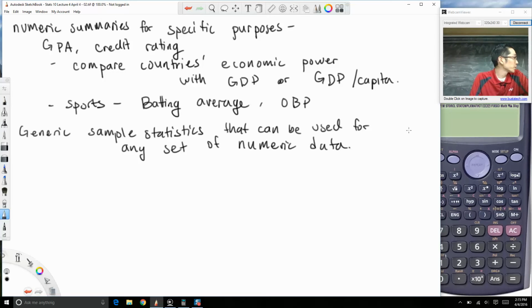Okay, and these can be categorized into two broad categories. We have sample statistics that summarize central tendency.